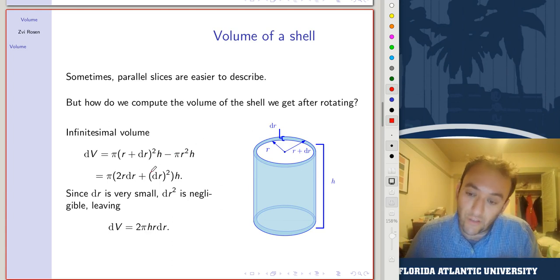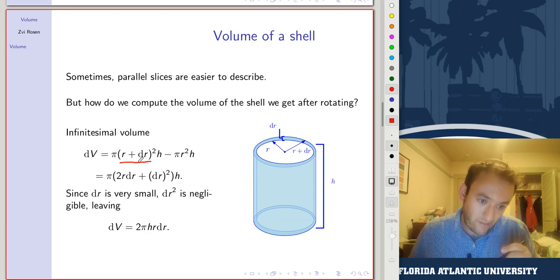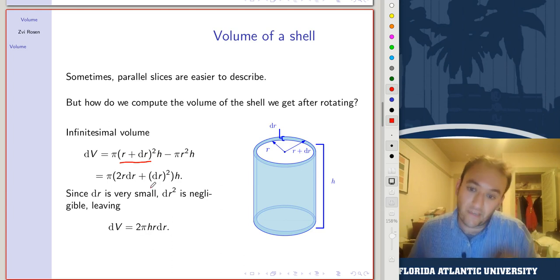Computing that volume, we know that the volume of a cylinder is pi r squared h. The slightly larger cylinder has radius r plus dr. dr is our symbol for an infinitesimal length in the radial direction, so going out along the radius.